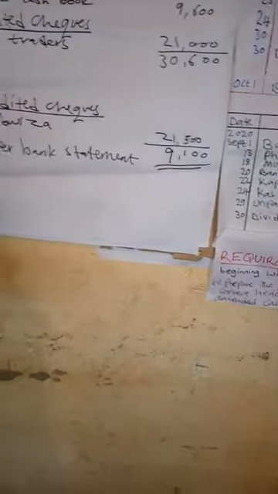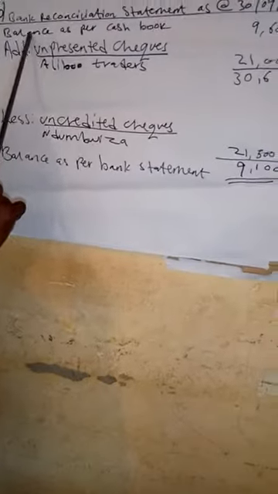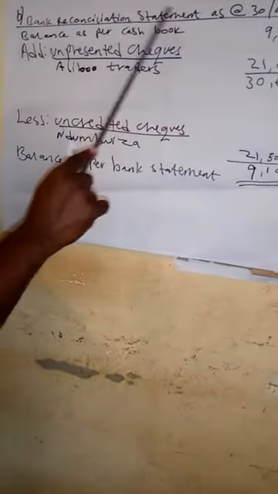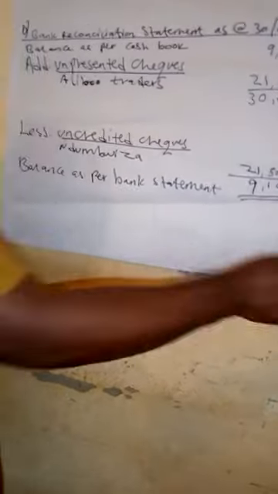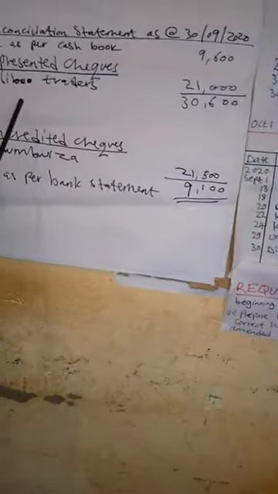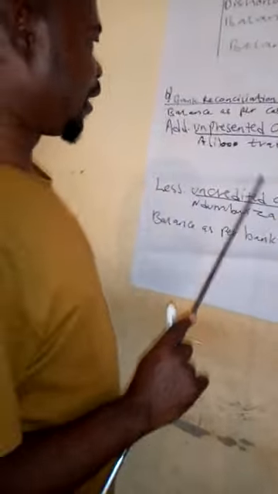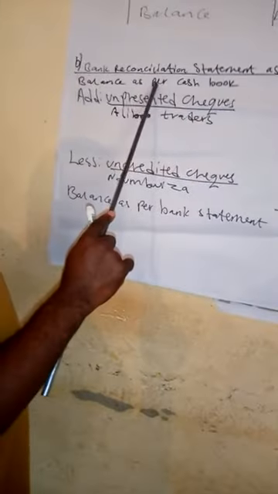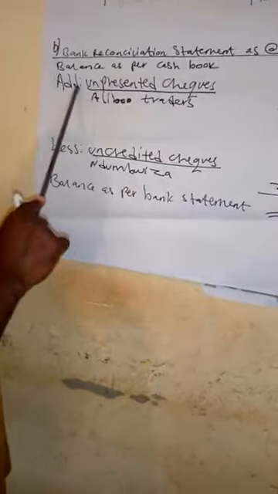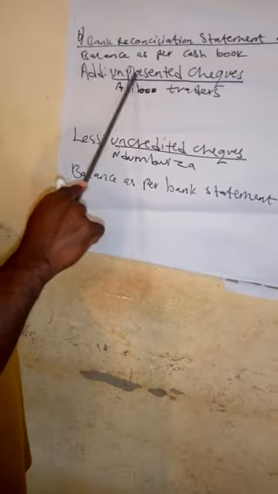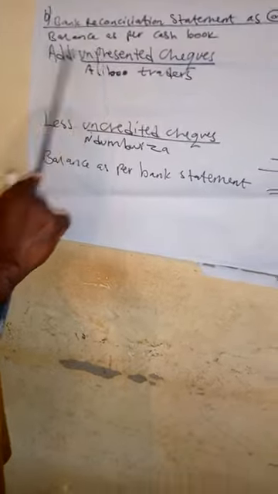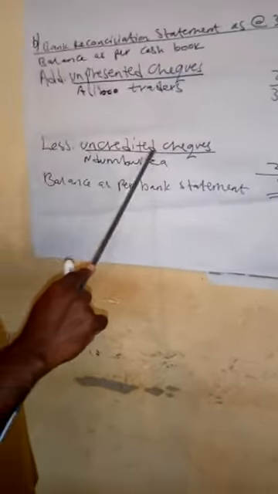Now, if you start the bank reconciliation statement with the bank statement balance, then you change the items that should be written here. If here you have balance as per bank statement, then you should add uncredited checks, then you subtract unpresented checks.